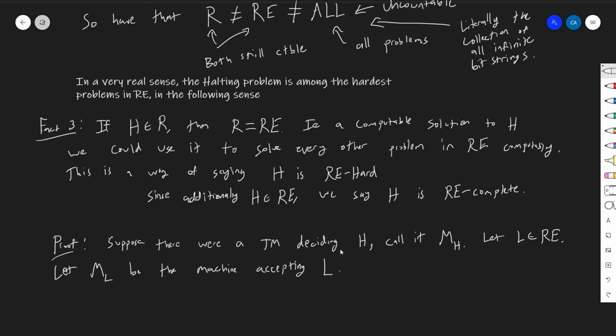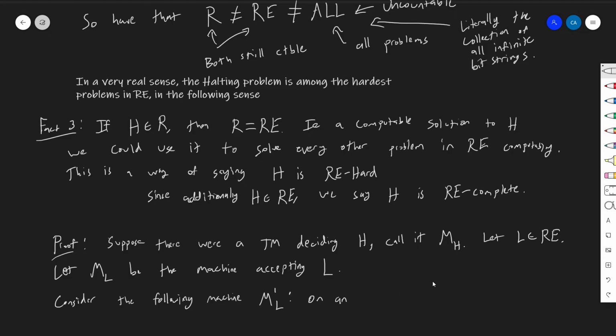So what we're going to do is consider the following machine, M prime sub L. M prime L is going to be a superpowered version of M sub L. It's going to be an M sub L that does more than just accept. It's going to decide L. So here's what it does.